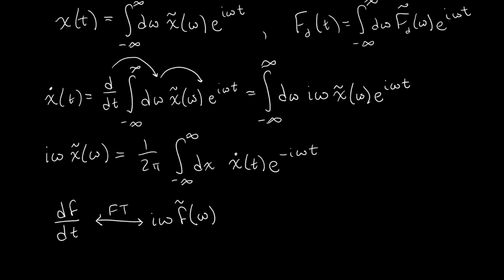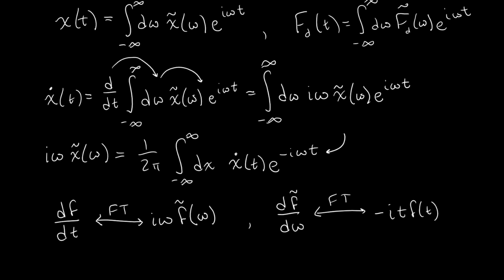And when I'm looking at the dual variable, so if I have f tilde of omega and I make a Fourier transform, I get a minus i t f of t, just because this exponential here has the minus sign out front of it.